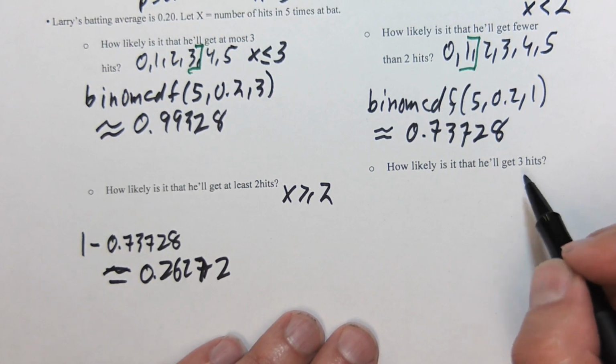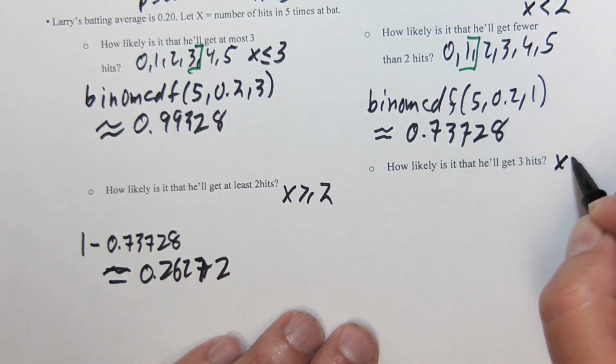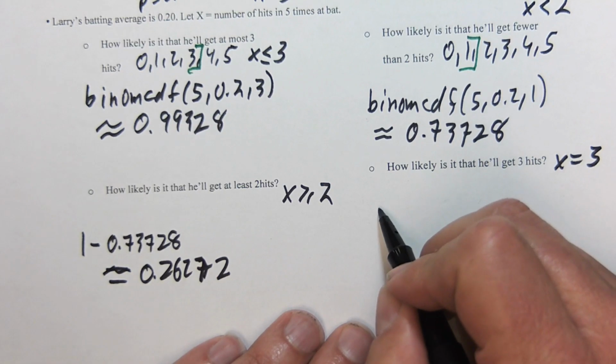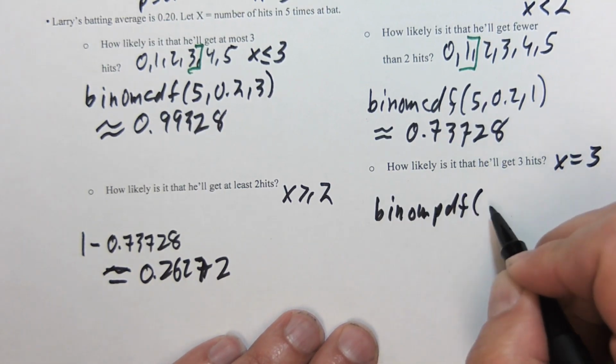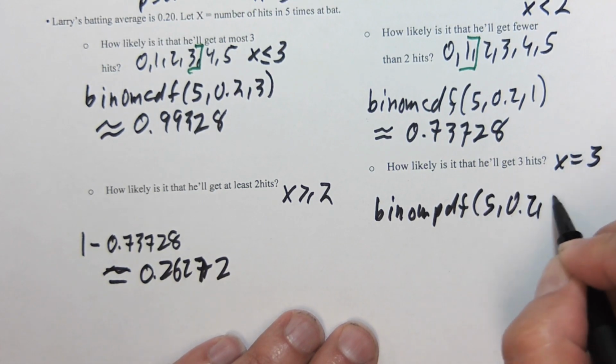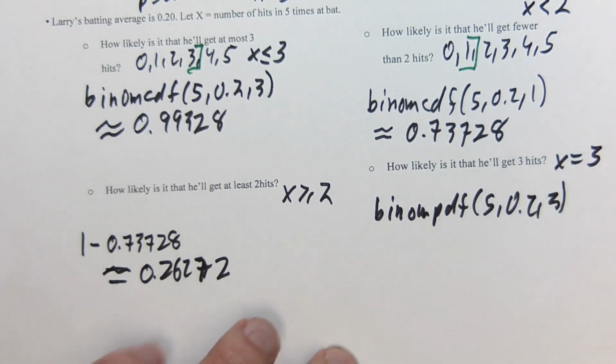How likely is it that he'll get 3 hits? So this means X is exactly equal to 3. This is going to be PDF. Binom PDF, 5, 0.2 and 3. Again, this is the P because it's exactly equal to.